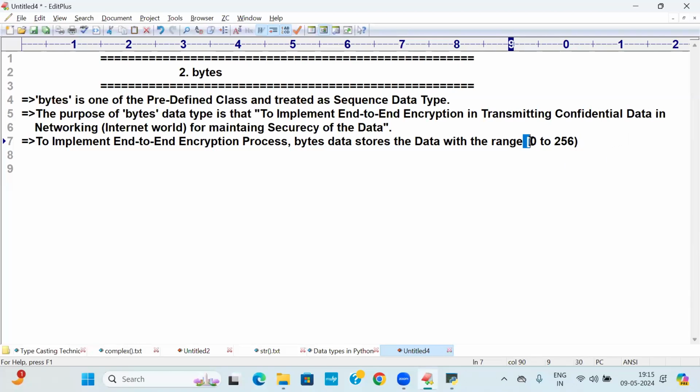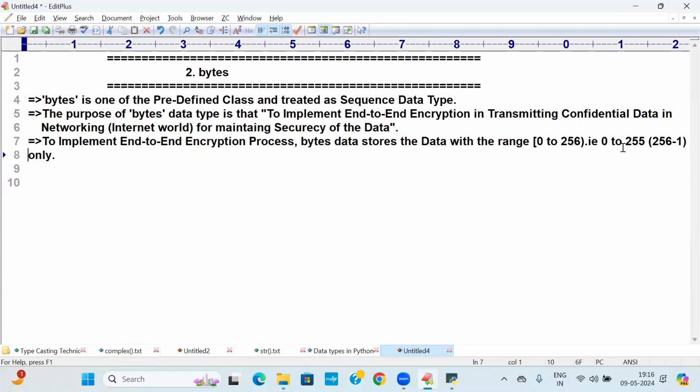And don't think that you have written one bracket here and another there incorrectly. Two batches back, one student asked, sir, why did you write like this? Don't come and ask me; I wrote it correctly. Understand? It is 0 to 255 in the bracket, 256 minus 1 only. Are you able to follow now?